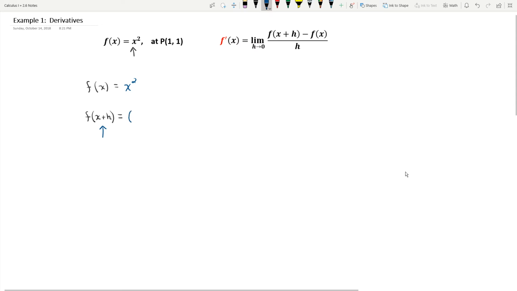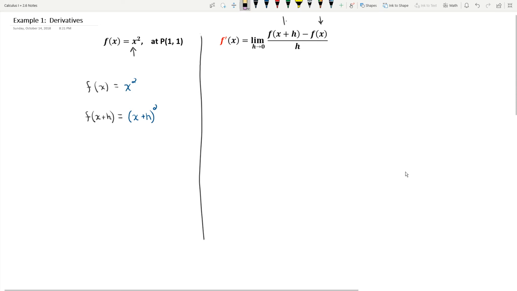So we're going to put an open parenthesis, x plus h, close parenthesis, and it's going to be squared. Just like a composition of two functions, we're essentially just placing this x plus h into where x was. And now we have created both of the functions necessary to begin working through this derivative. That's the first thing I do, and I'll continue to do that as I go through my examples.